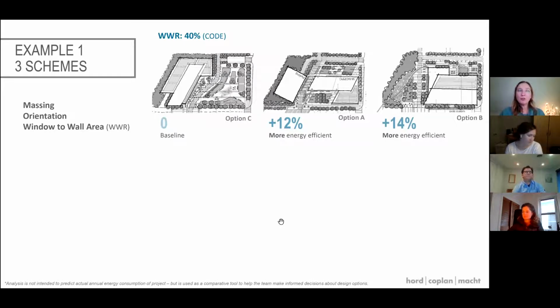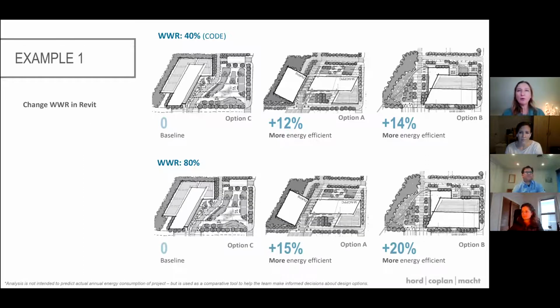We assumed a window-to-wall area ratio of 40% in the Revit model before we went to Insight. Then we wanted to say, well, what if all the window-to-wall area ratios were 80? I did not do that in Revit Insight. I've tried, right, using those little sliders and sliding them around, and it just changes everything.